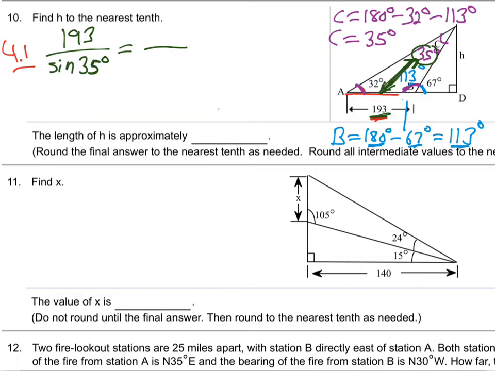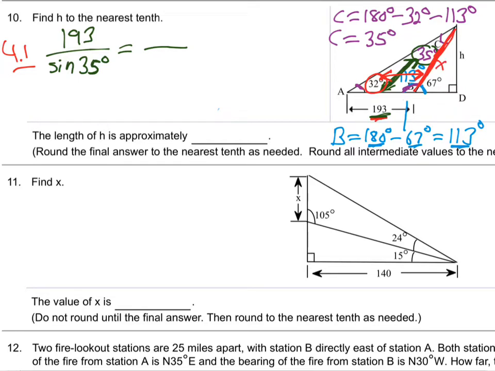Well, which one do I want to use? Remember, I want to get a side in the triangle on the right. I have to get my hands on a side in the triangle on the right. So therefore, I should use this angle and the side across from it as my other combination.